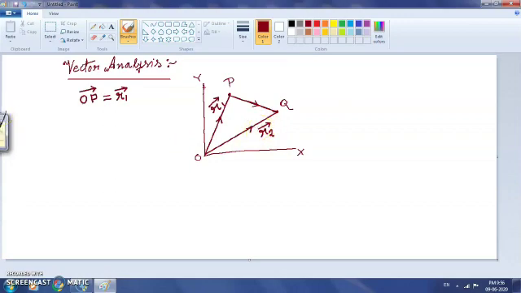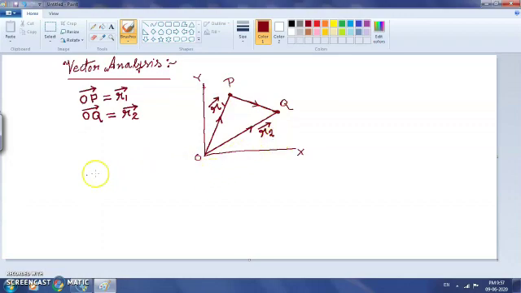Clear? So this vector OQ is R2. I think it is clear. Now R1 and R2 are the two position vectors of P and Q.